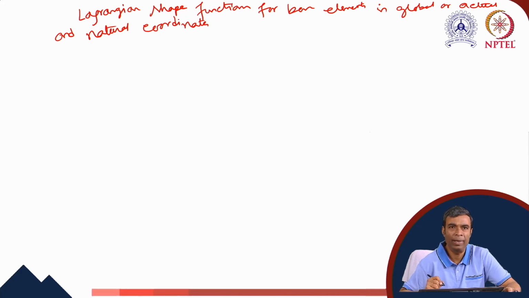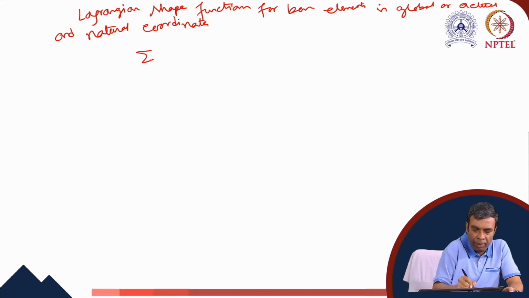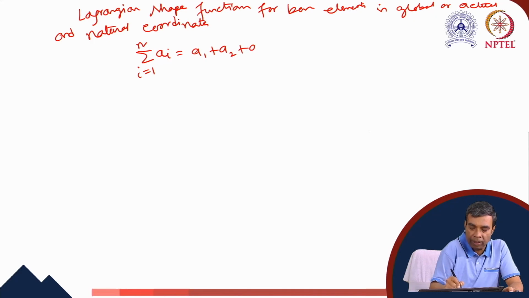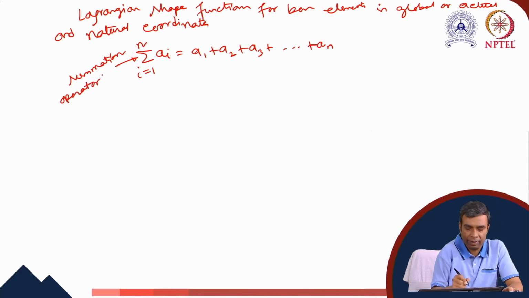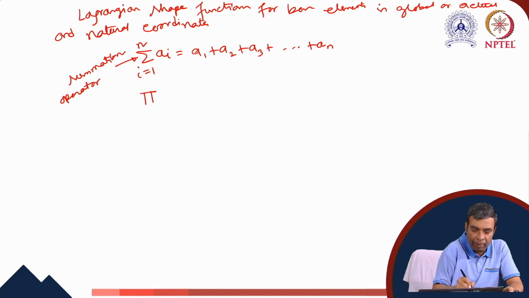So before providing the expressions, we first define the product operator. So the way we define the summation operator, i varies from 1 to n. This gives us a1 plus a2 plus a3 plus an. This is the summation operator. Similarly, we have a product operator denoted by the symbol capital pi.